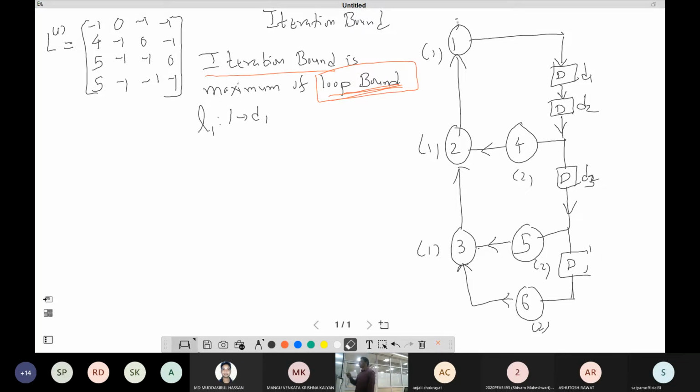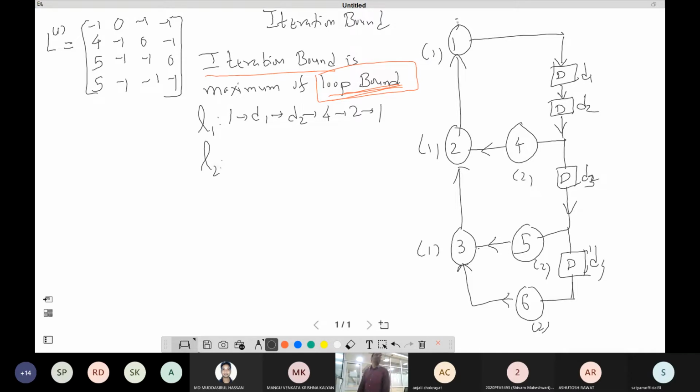Sorry, this is D4. D1, D2, D3, D4. So 1 to D1, 2 D2, 4 2 1. This is my loop 1. I am starting with 1, D1, D2, 4 2 1.